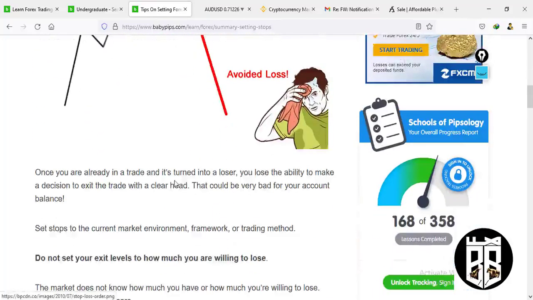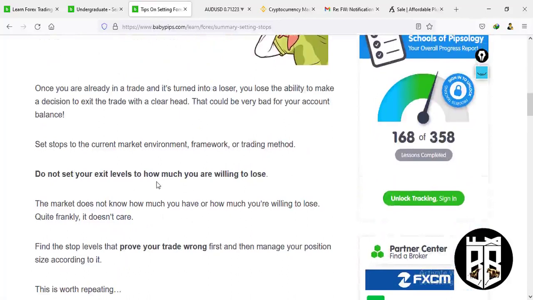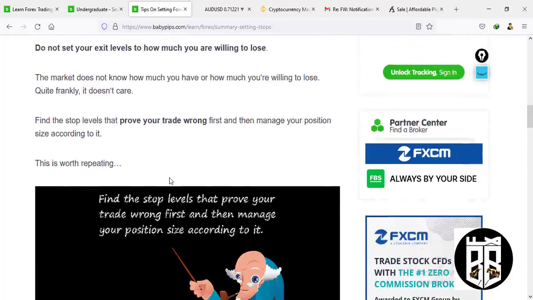So once you have factored all this into consideration, and you set your stops according to the current market environment, framework, and trading method, you should be very good. Then do not set your exit limits according to how much you are willing to lose. Set them according to market environment, and also consider technical analysis.